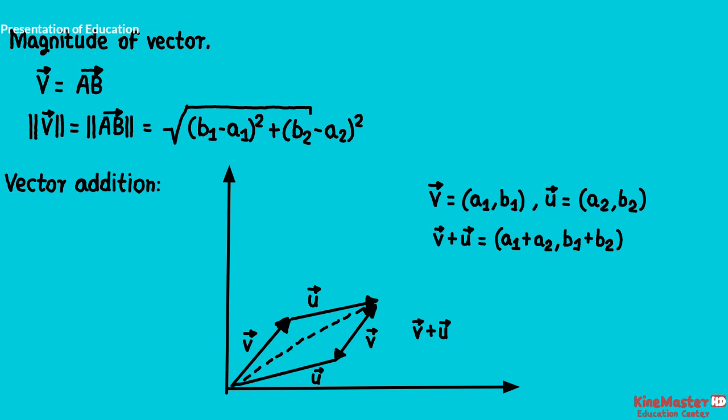For vector addition, let v equal a1, b1 and u equal a2, b2. So v plus u is a1 plus a2, then b1 plus b2. Every time we need to follow this equation. This is vector addition.